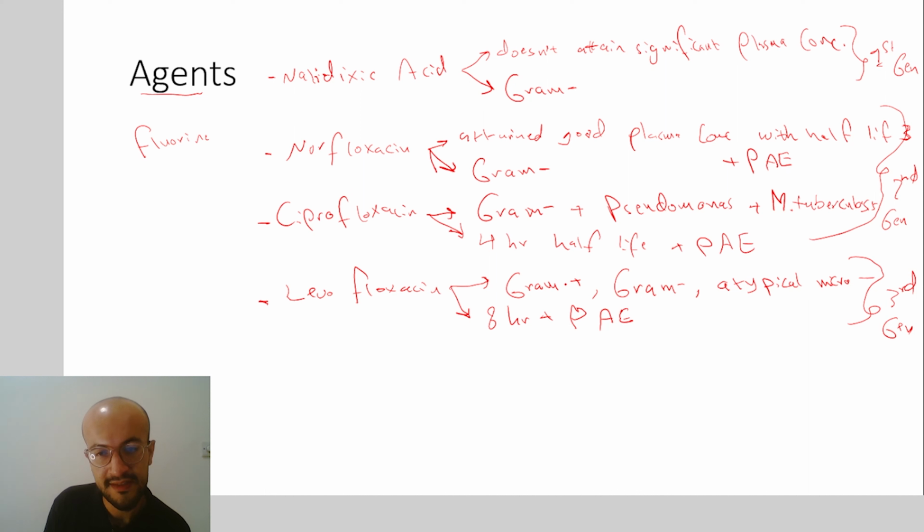Now, the levofloxacin covered the gram positive and gram negative aerobic bacteria, but it does not cover the anaerobic bacteria. Same with the other three drugs, they did not cover the anaerobic bacteria. So there was the idea of the gemifloxacin and the moxifloxacin.